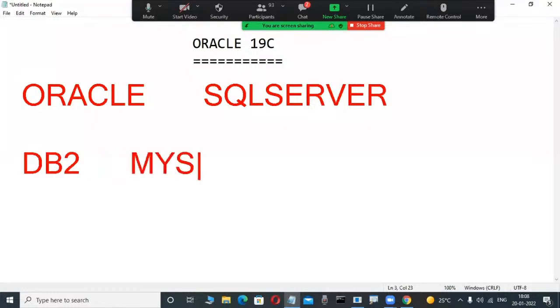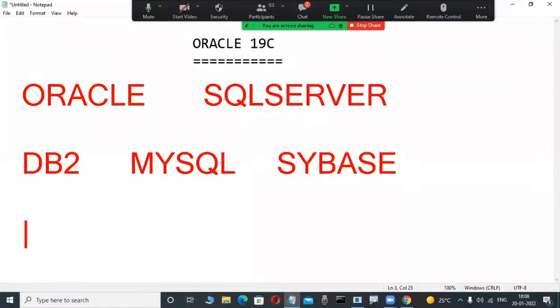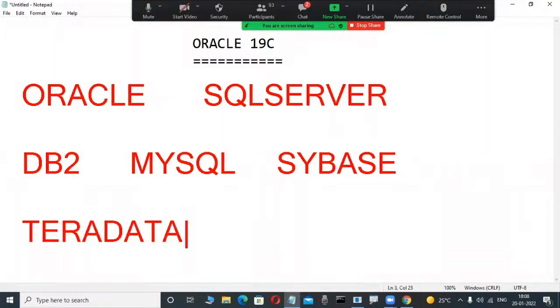MySQL is a database product that is open source, but nowadays Oracle Corporation has purchased it. Again, Sybase is a database product from Ingres Corporation. Again, Teradata. Maybe many fellows have an idea, data warehousing application programmers.